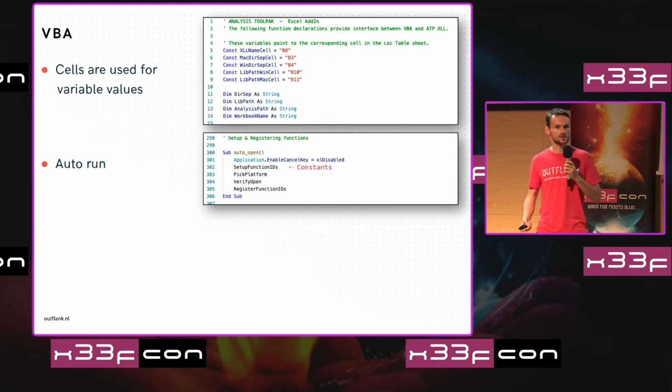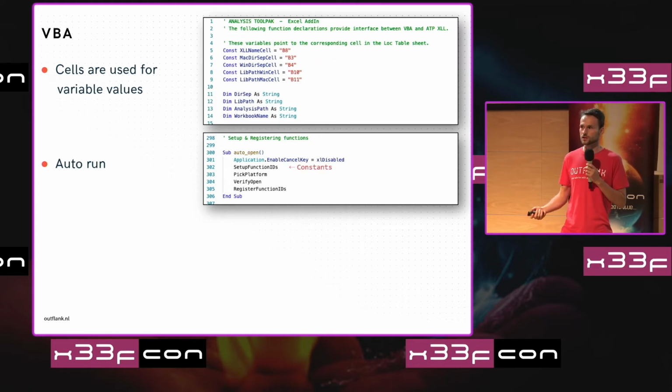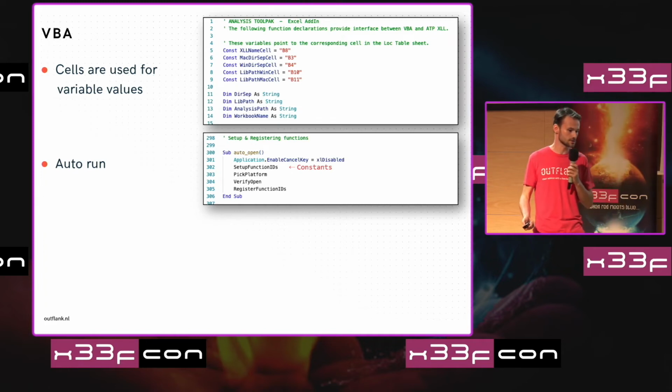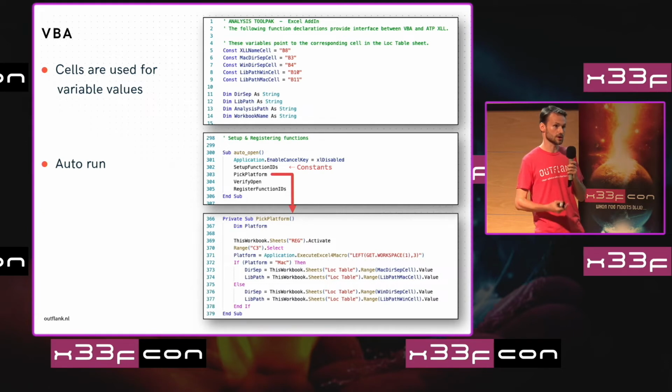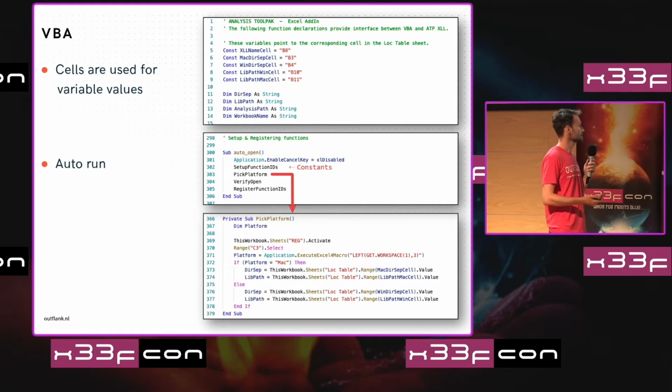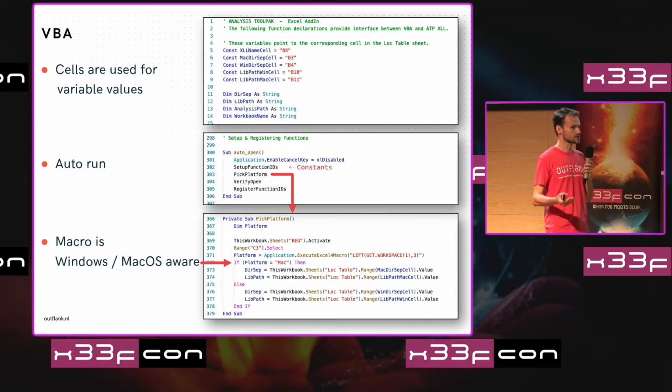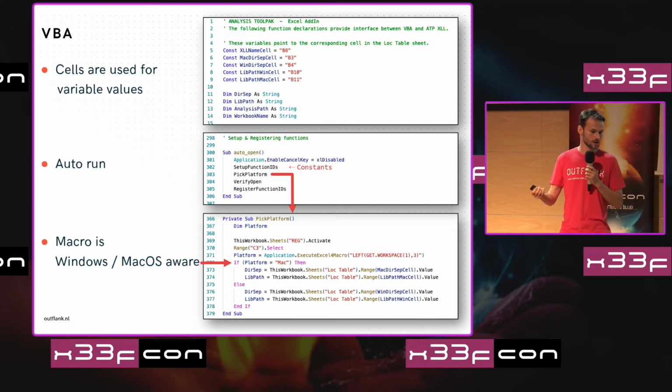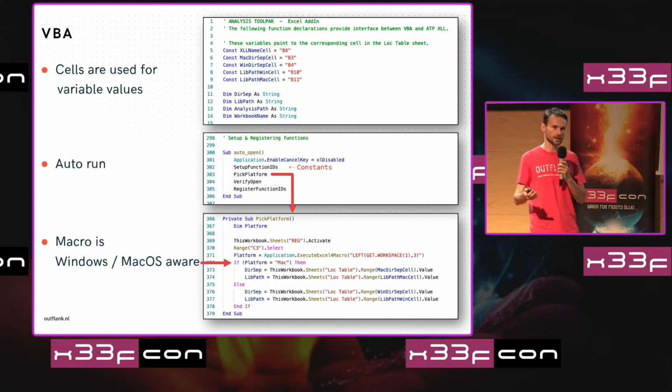The first function isn't really interesting. It just contains a lot of constant values and doesn't do that much. But the second function is already a bit bigger. It's the pick platform function, and this function is Windows or macOS aware, hinting that both Windows and macOS are supported and possibly vulnerable.